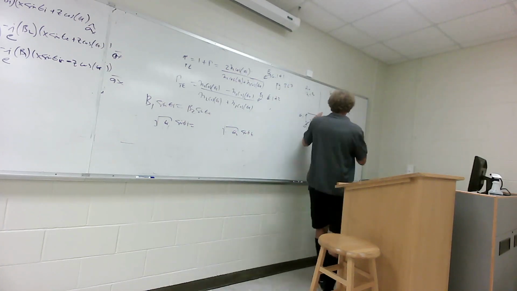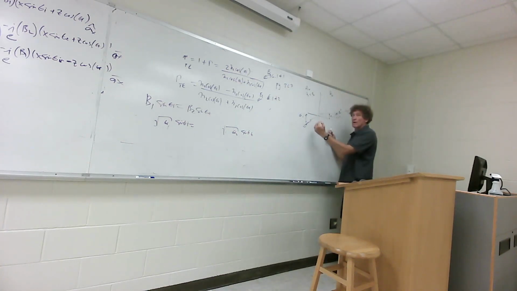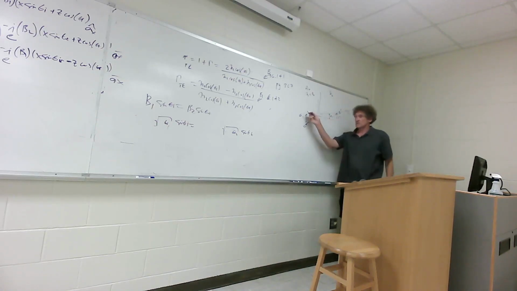Here's why. See this angle being different? The actual power is flowing this way, hitting, the reflected power is going this way, the transmitted is going this way. If you take the component of power that is normal, so the power density normally incident, say you get the incident wave here, it's got a certain power density. Take that power density and multiply it by cosine theta, that would be the normal power density.